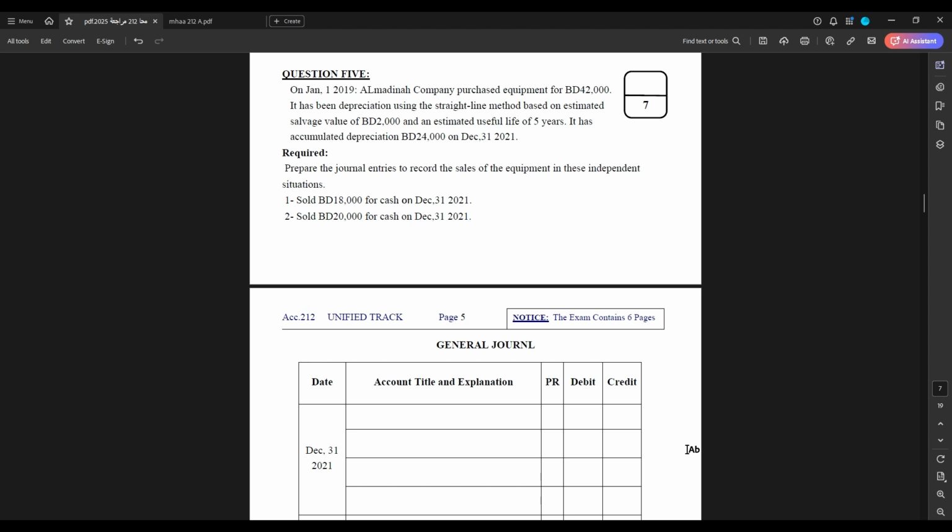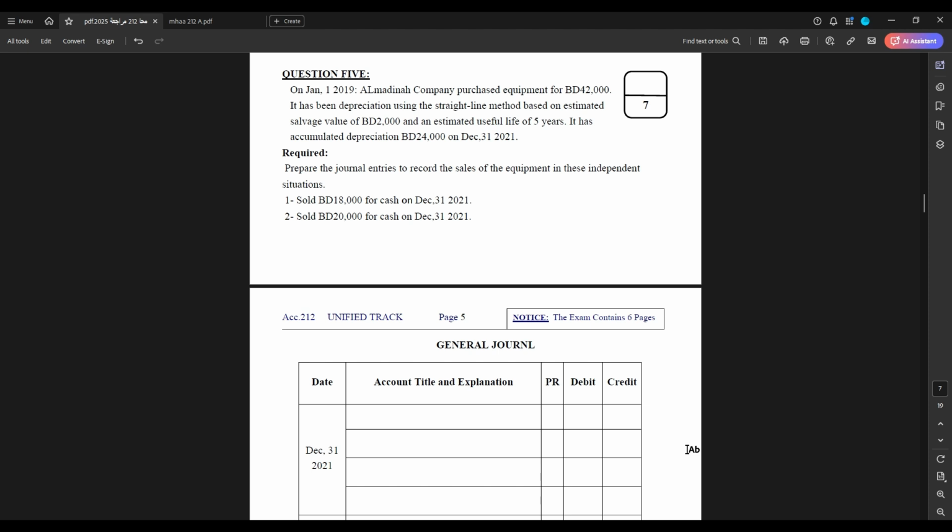It has accumulated depreciation of 24,000 on December 31, 2021. Prepare the journal entries to record the sales of the equipment in these independent situations. First situation, sold the equipment for 18,000 for cash on December 31, 2021.